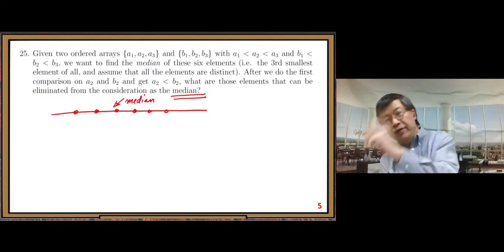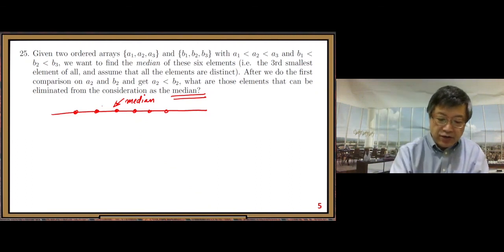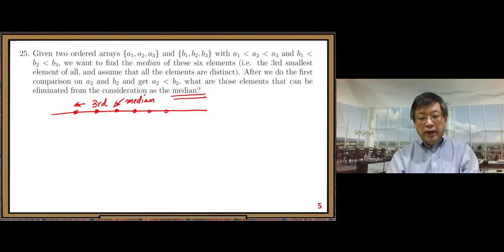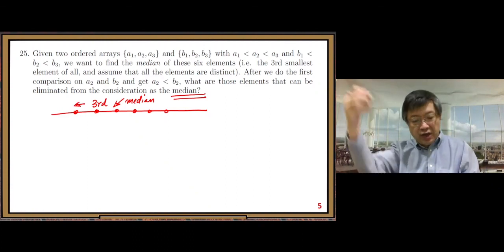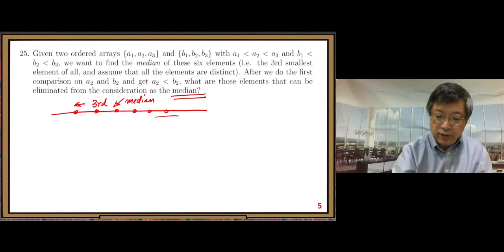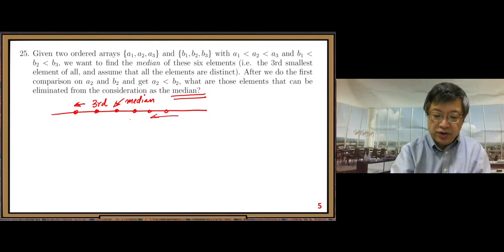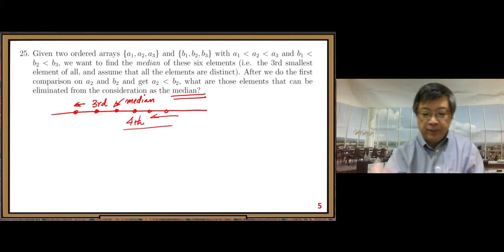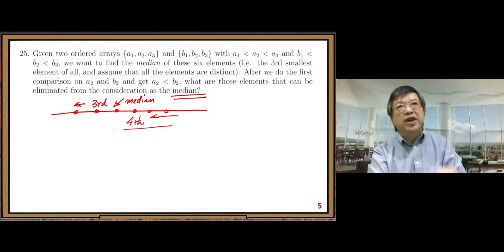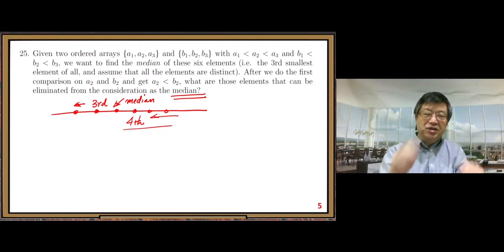If you look from the left-hand side, from the smaller side, it is the third. If you look from the larger side, in this direction, you will see it is the fourth. Based on this observation, you can do the elimination.